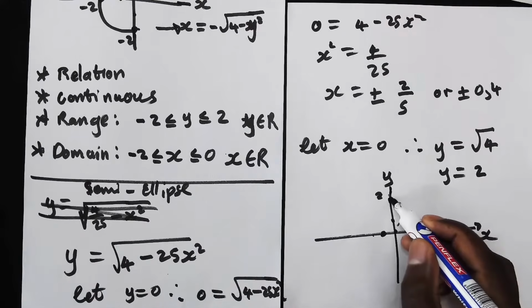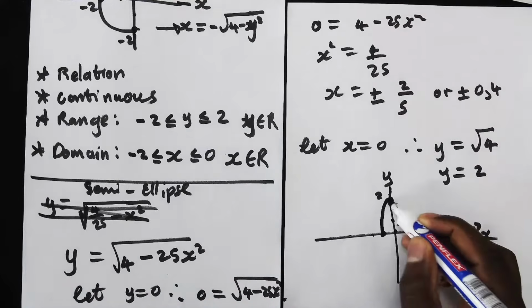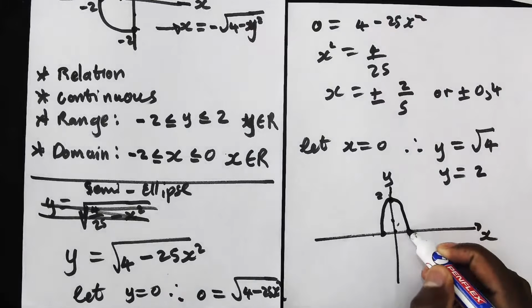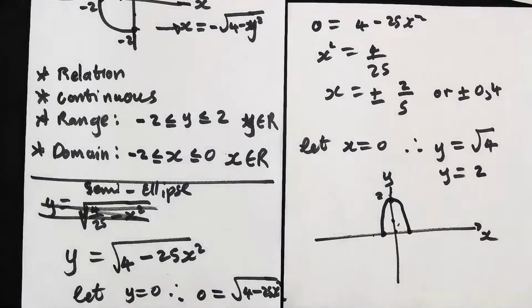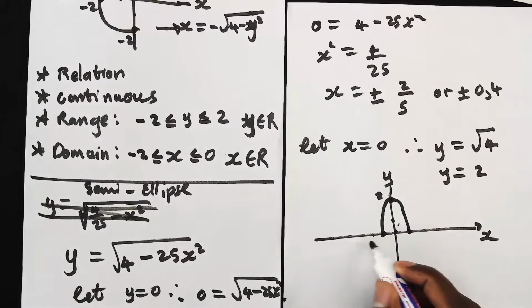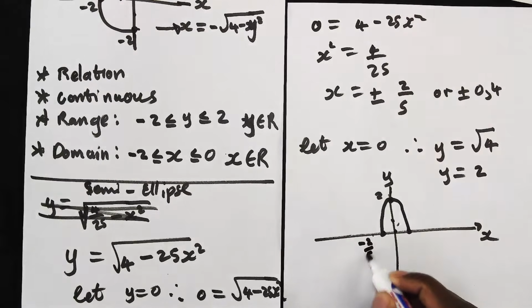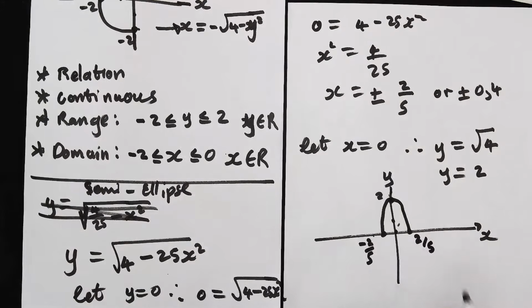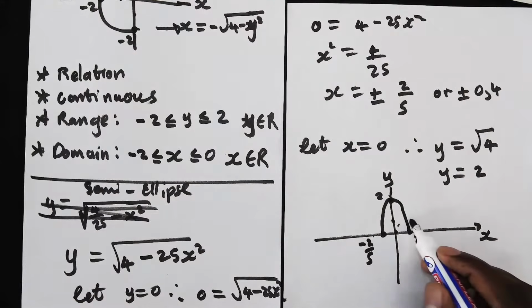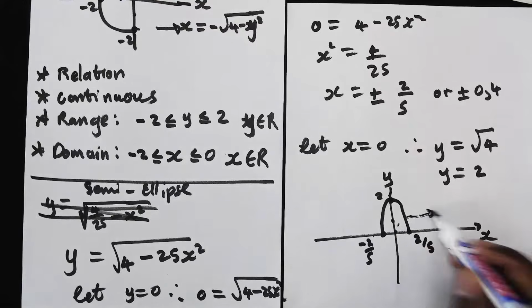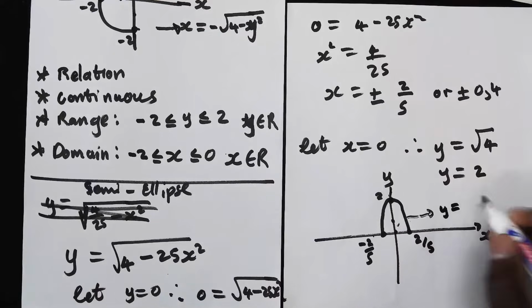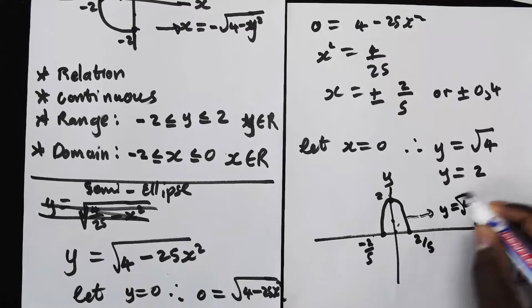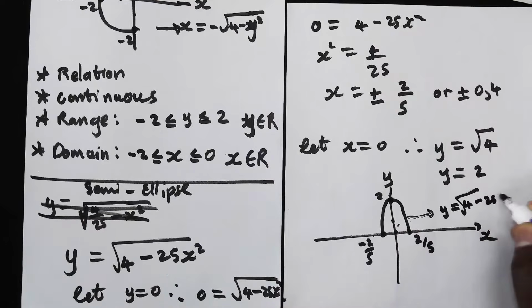So joining your points, I'll join up there, from up there coming down, which is our negative 2 over 5 or positive 2 over 5. Therefore, the function there is y equals root of 4 minus 25x squared. That is the function.